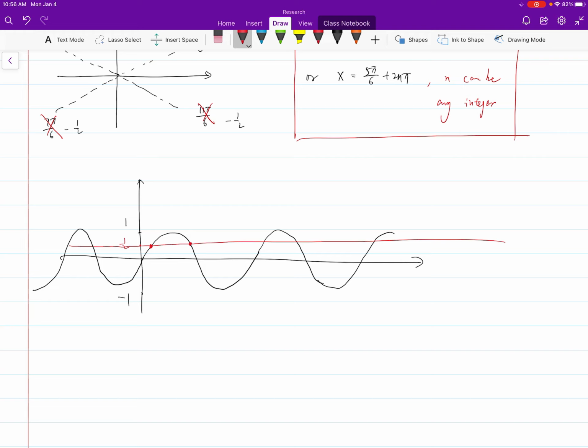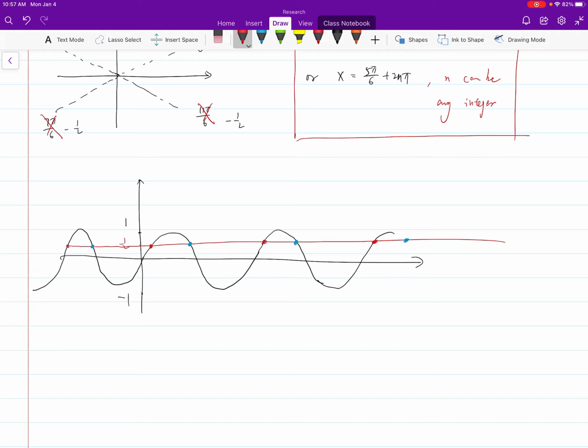Well, certainly here and here. But after 2 pi, here and here will work, and just keep going. That's why you need to add 2n pi, because if one of these points qualifies, all of them qualify. Similarly for the others. That's why we add 2k pi.